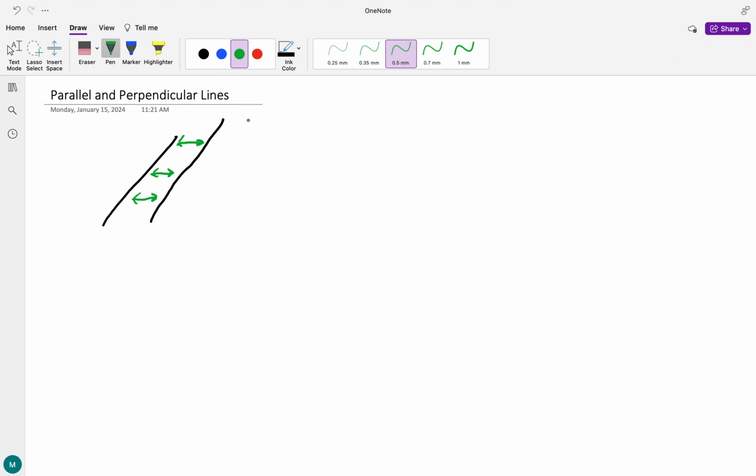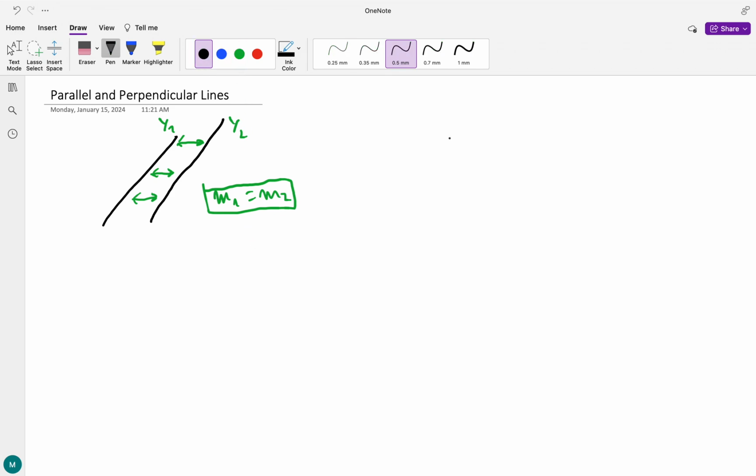It's the same. So let's say this is y2 and this is y1. So m1 will be equal to m2. They have the same slope. Both of them go through different points. Both of them will have different x-intercept and different y-intercept, if any at all. But the slope remains the same.